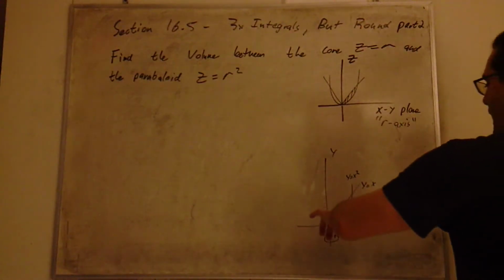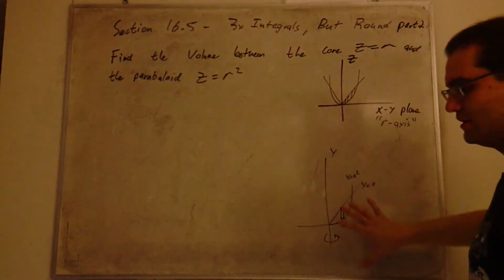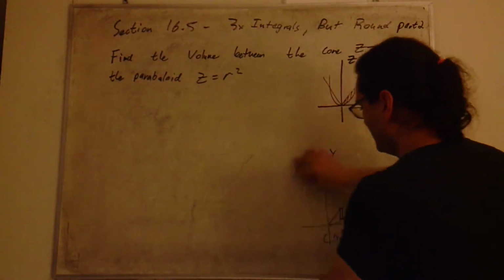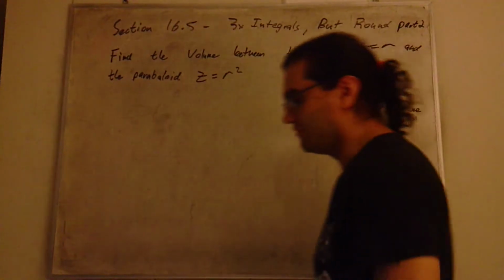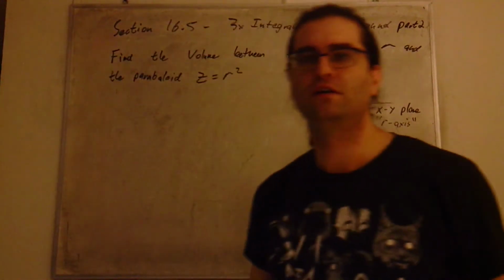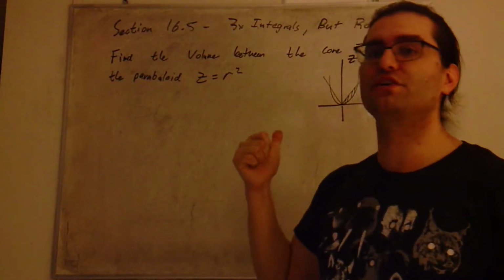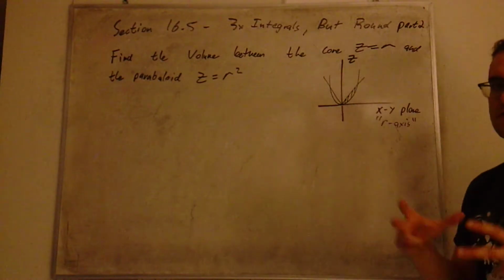So, if you remember 6.4 with the shell method, please do that on your own, see if we get the same answer. I actually haven't checked. I'm just assuming we do get the same answer. If you don't remember that method, don't worry about it. We're about to find the superior technique for getting volumes of round things in 3 dimensions.